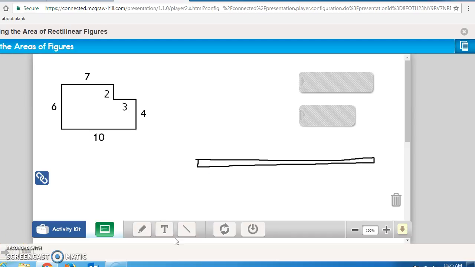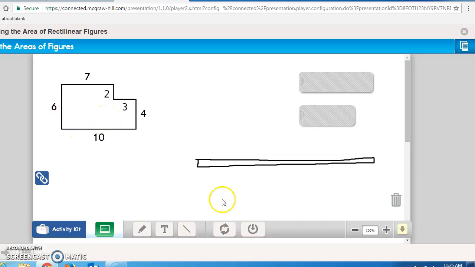Now we're going to find the area of a rectilinear figure. So look at the figure I just drew and the figure that you see here already done for you. How are they different? Well, hopefully you're noticing that one is simply a rectangle and the other one is not. How are they alike?